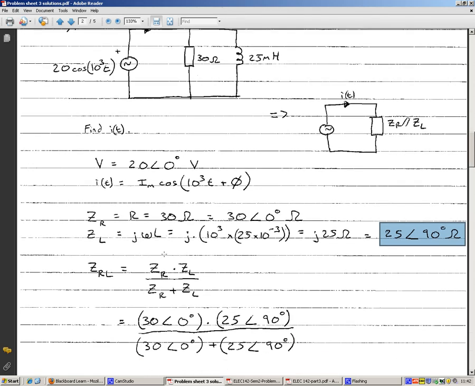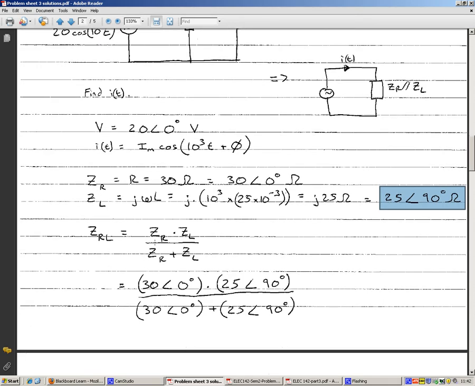So now we've found the value of ZR and the value of ZL, we can then calculate what the complex impedance is. So we're applying this formula where we've got the product on top and the sum on the bottom. I've just put these values in, and I've put them all in polar form for simplicity to start with, but you'll see as you do this example, you can make a small shortcut here.